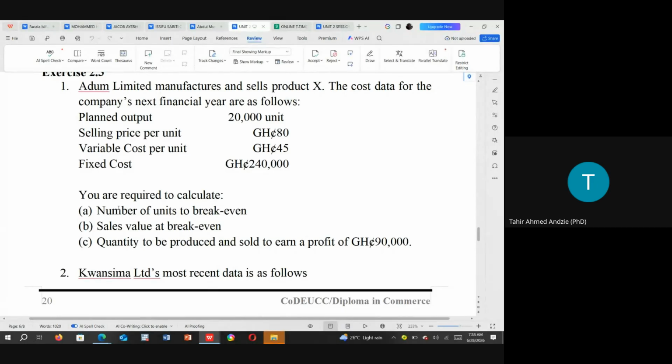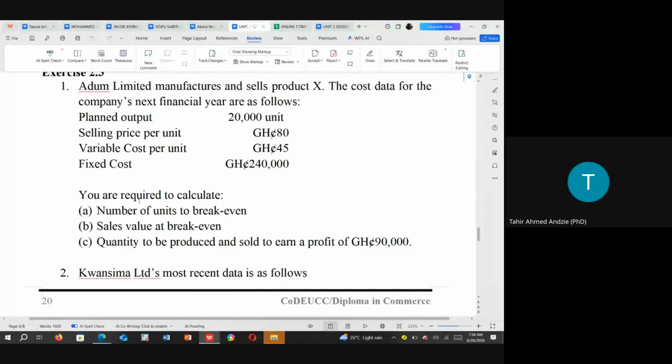We said that's given by fixed cost over contribution per unit, where contribution equals selling price minus variable cost. Okay, so now fixed cost is 240,000 divided by the contribution. Contribution is 80 minus 45, giving us 35.